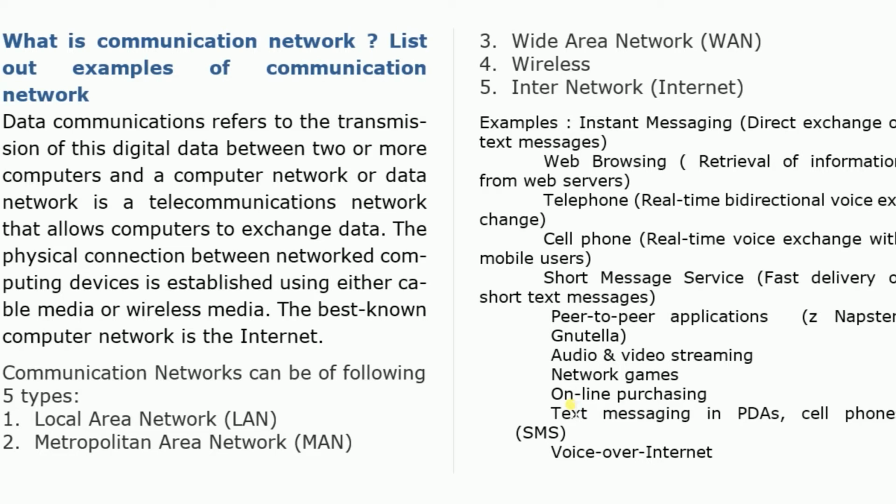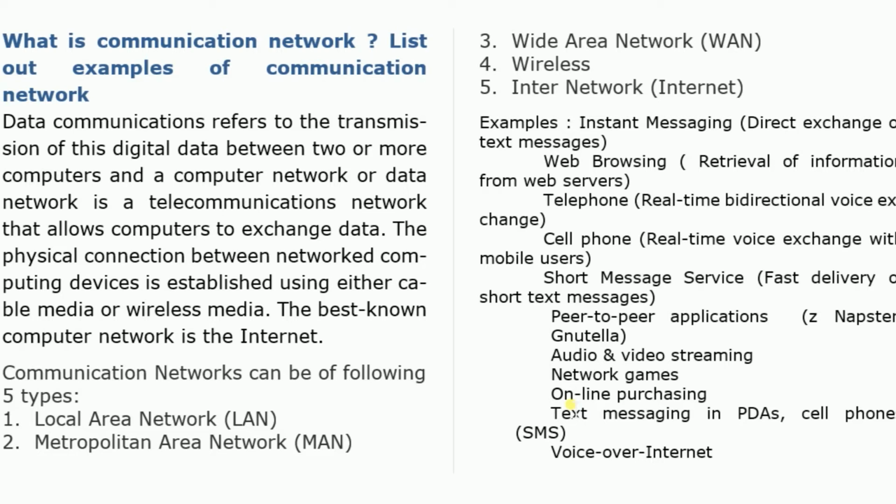Data communication refers to the transmission of digital data between two or more computers. Before that, I want to clear one thing. What is that digital data? As you know, there are two types of data, and from those two we derive one more.